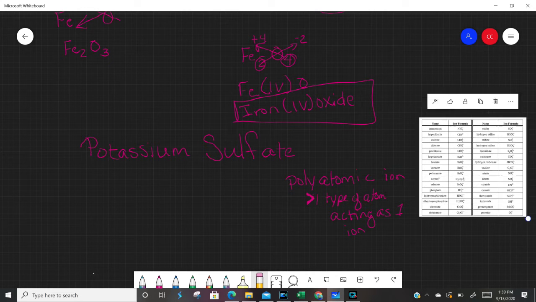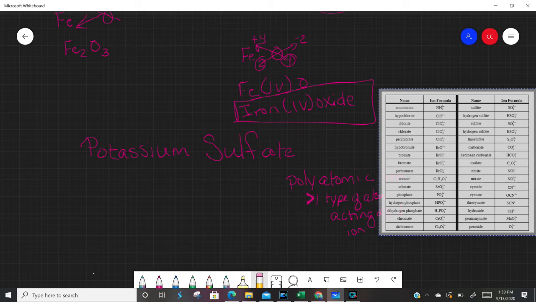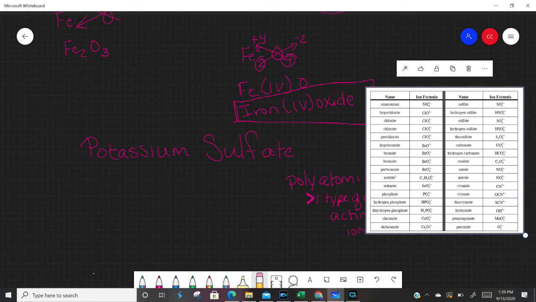Here is your list of polyatomic ions. Most of them are negative. There's probably only one positive on this one. Ammonium? Yeah, ammonium. There are two that show up periodically, but ammonium is the one you probably have to know.